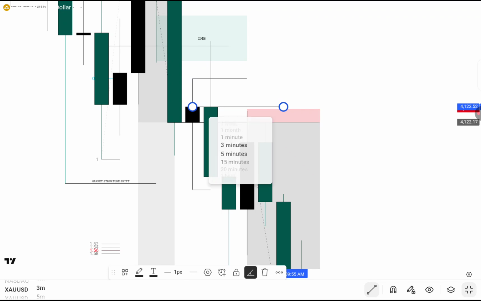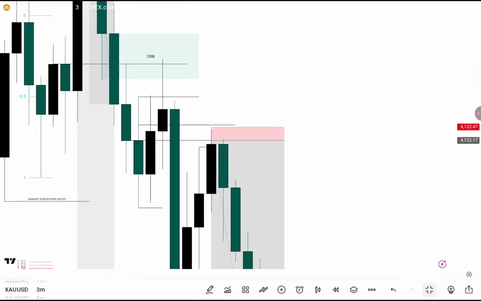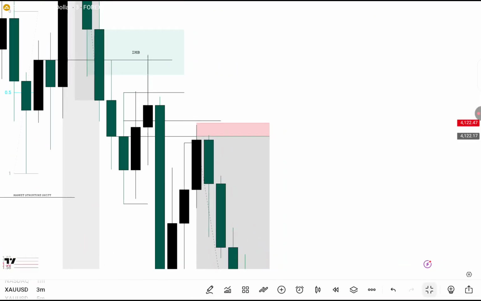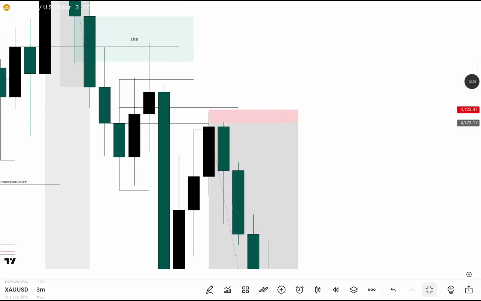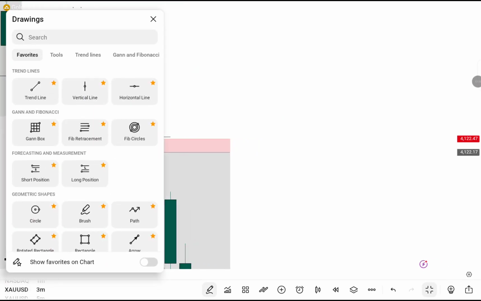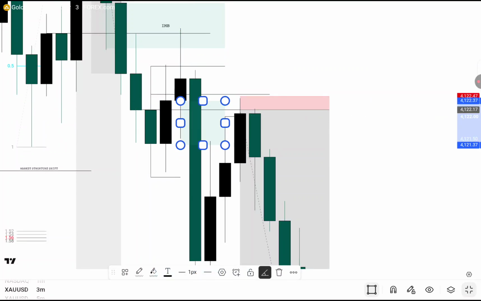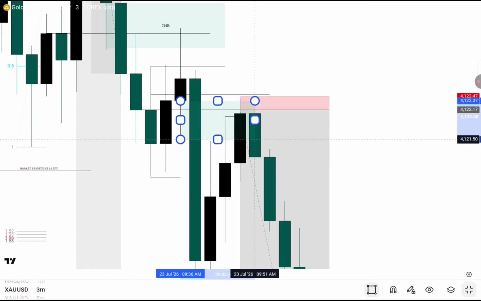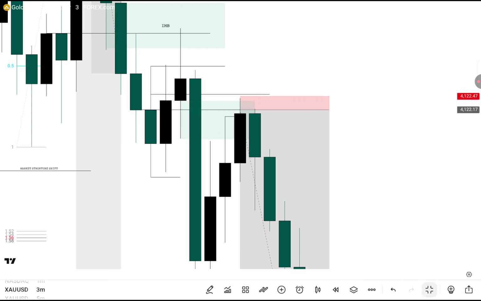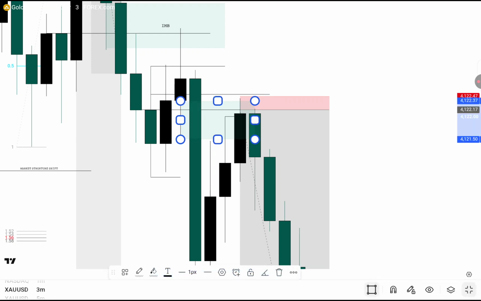Let's see the 3-minute. You can see we had an imbalance. This right here was our imbalance, correct? This means price had already tapped into the CE levels of this imbalance level.